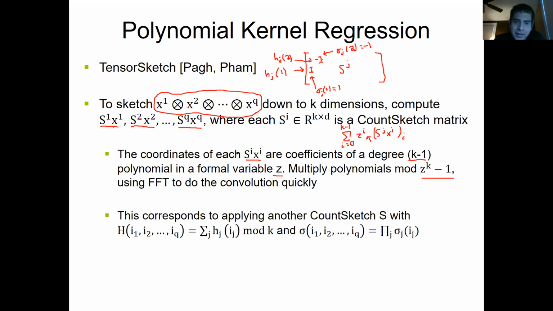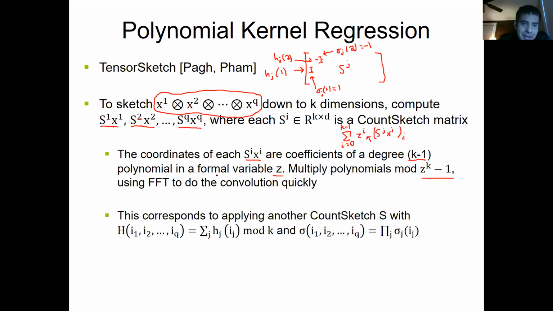Okay, all I'm saying here is that a count sketch can be represented by a hash function h and a sign function sigma, which tell you the location of the non-zero and the sign on each column. And you might choose these to be independently random for each of these individual S1 through Sq.